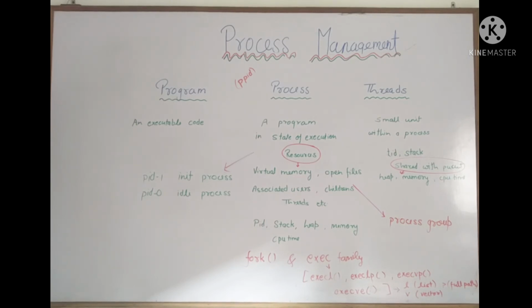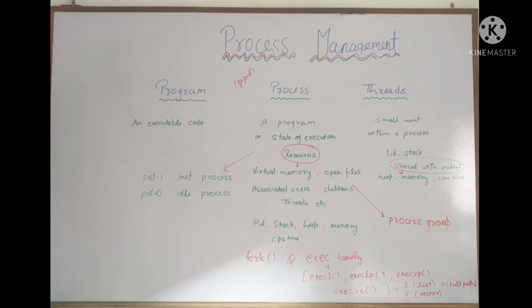There are libraries written for handling threads, and they work within a process. The process is basically the parent, and threads are its children. But threads are managed through libraries, while when the fork system call is called, the process is managed by the operating system.